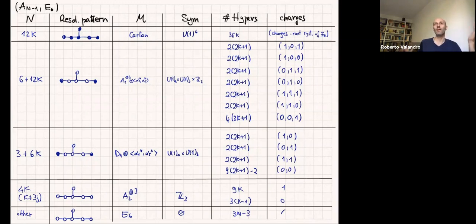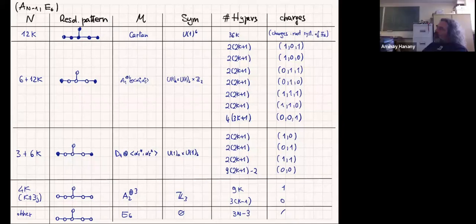You have an S1 fibration over an R3. If you take a Lie metric, the size of this S1 goes to infinity at the infinity of R3, while if you take just a Taub-NUT metric, this remains compact until infinity. Okay, so if you do have a limit where you could take the size of this S1 to infinity.